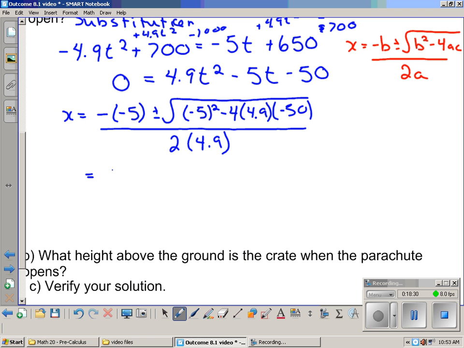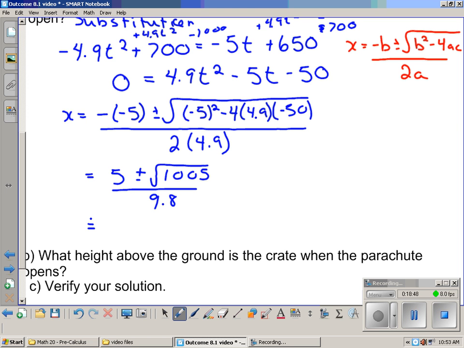Simplifying, we end up with 5 plus or minus the square root of 1005 all over 9.8. Because I'm already working with decimals, I can get approximate answers in decimals.